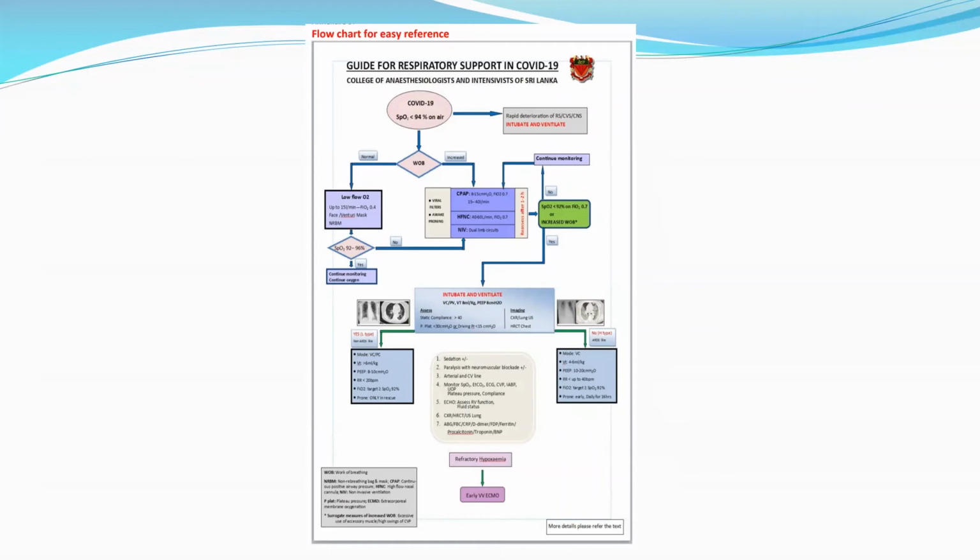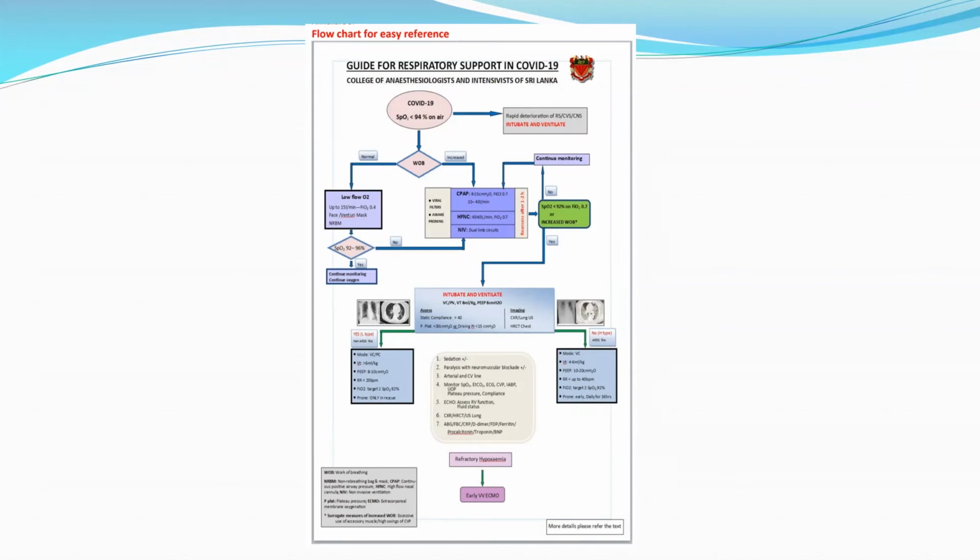Or if not, we can give high flow nasal oxygen at a flow rate of 40 to 60 liters per minute. And if the patient is exhausted, if his carbon dioxide levels are on the rise, they need something more than CPAP. That means they need respiratory support in addition to CPAP. So in that case, we have to go for CPAP with pressure support.